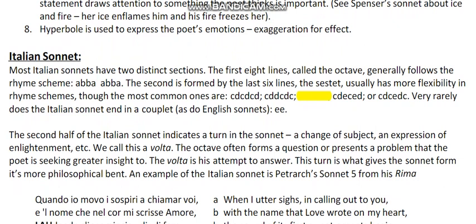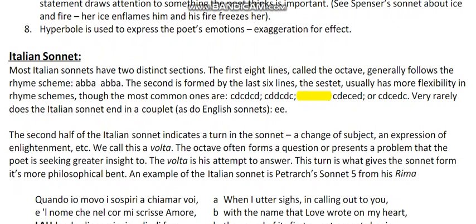The second half of the Italian sonnet indicates a turn in the sonnet, a change of the subject, an expression of enlightenment, etc. We call this the volta. The octave often forms a question about a problem that the poet is seeking greater insight into. The volta is his attempt to answer. This turn is what gives the sonnet form its more philosophical bent.